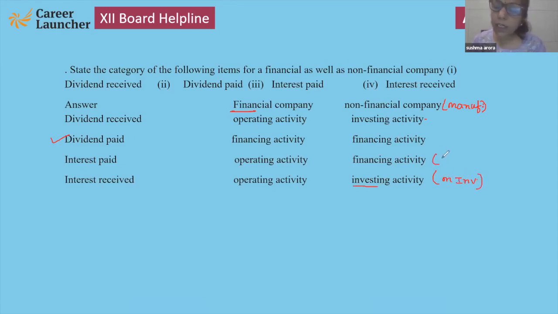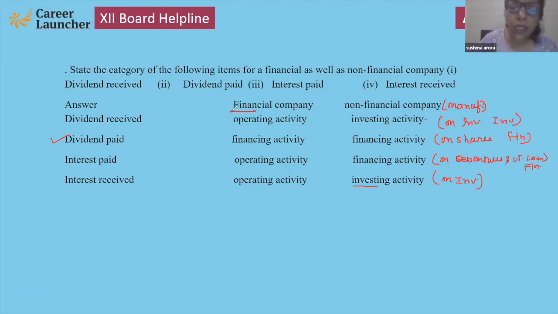And interest paid on debentures and long-term loans. And you know that debentures and long-term loans are under financing activity. Okay, dividend paid also on shares. That's why it is financing activity. Dividend received always on investment. That's why investing activity.